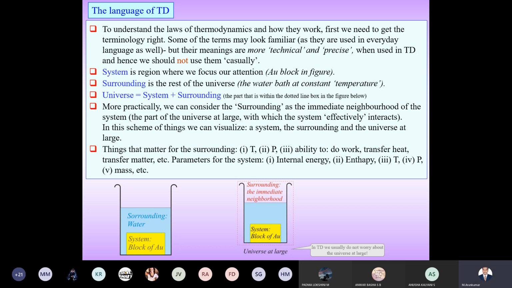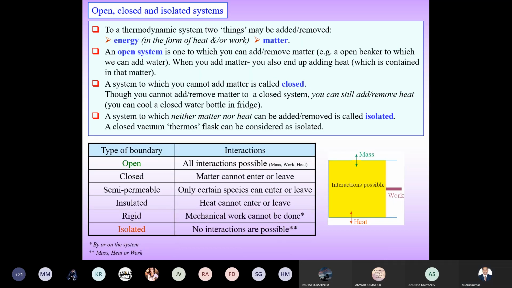The surrounding is the rest of the universe. If you consider a block of any matter as a system, the immediate matter we call the surrounding. Then the system and surrounding come together as the universe. These are the basics of thermodynamics.